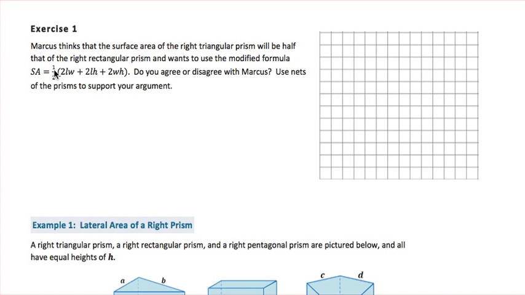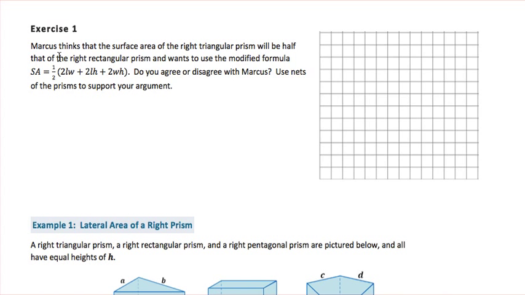So our normal surface area formula would be 2 times length times width plus 2 times length times height plus 2 times width times height, because it is made up of 6 different rectangles.